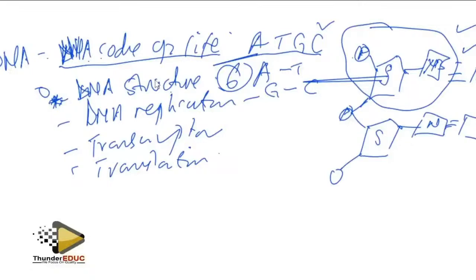Saying 2 separate strands is another mark. The two strands will act as a template. And then using free floating DNA nucleotides, we use DNA nucleotides to form a complementary strand, whereby adenine goes with thymine, guanine goes with cytosine.